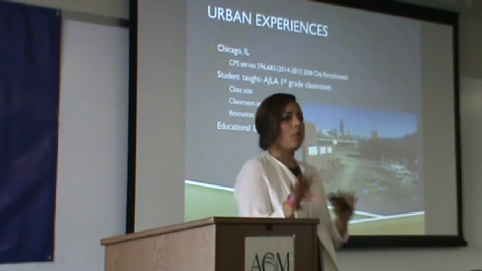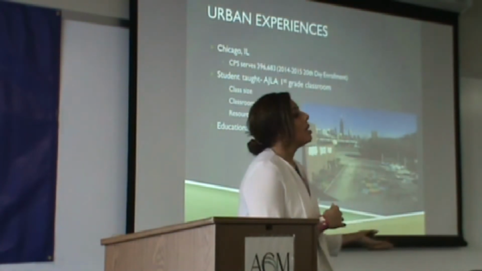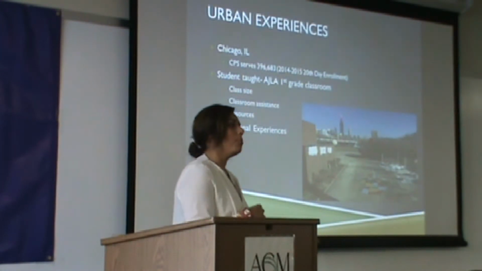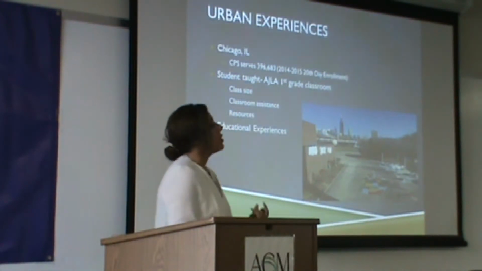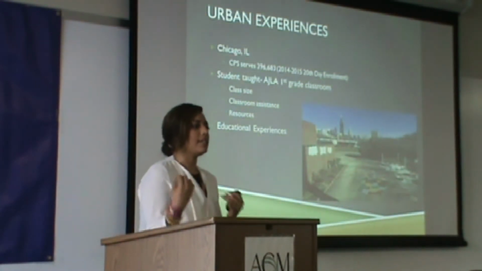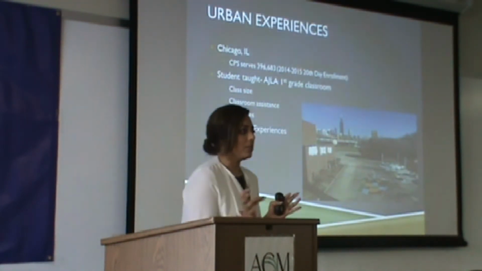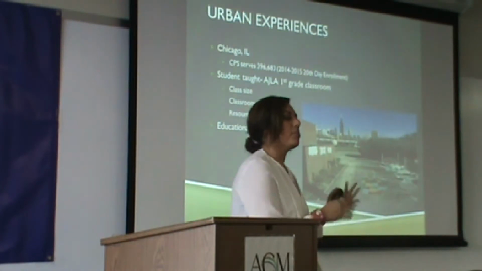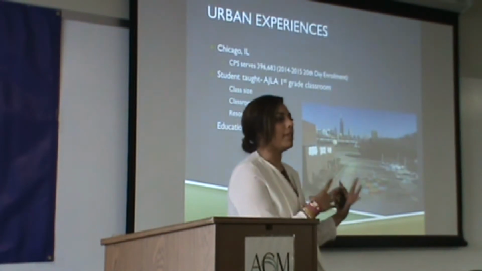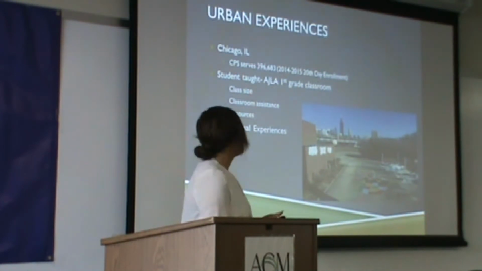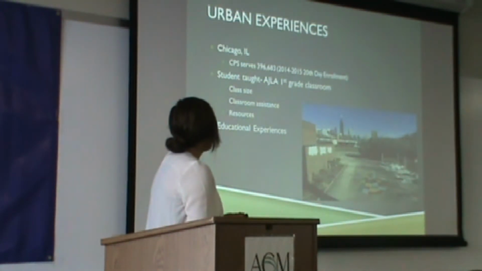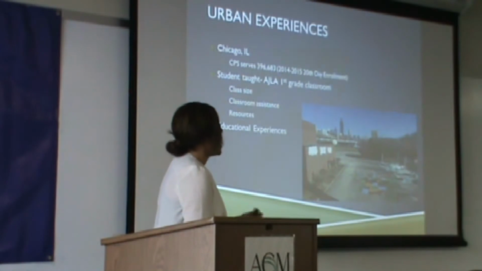But that one-on-one was only for that student, so my teacher was not allowed to use him to help around the classroom at all. Resources also: there was only one smart board in that whole entire school, which was in the library. It was very different from Monmouth, where I had the accessibility of a smart board for my lesson plans. That was very different from what I had learned in Monmouth.